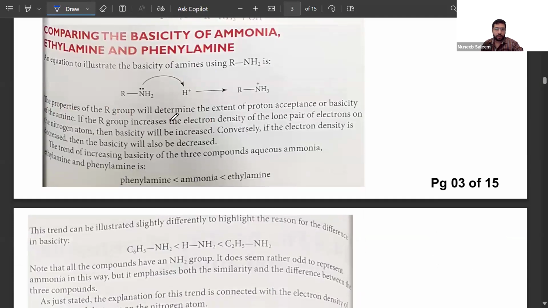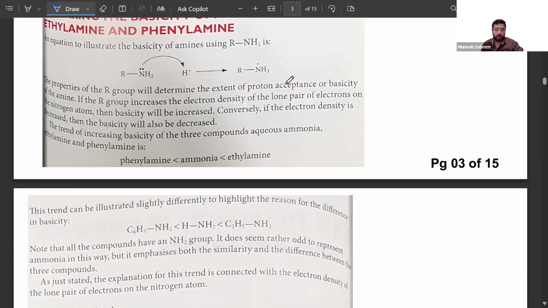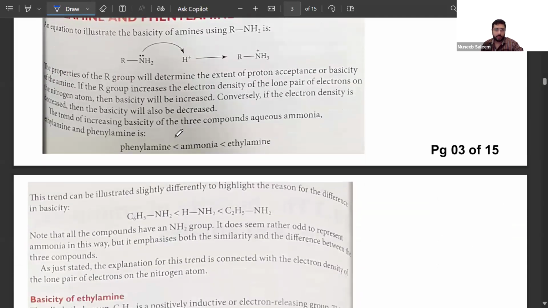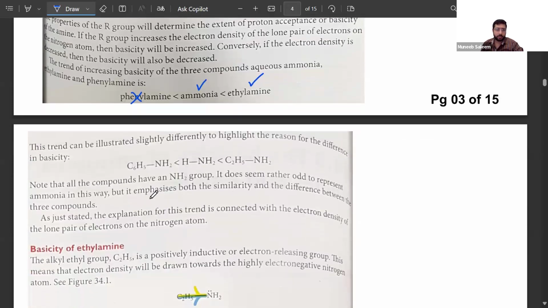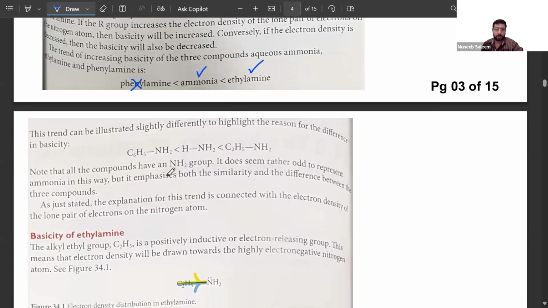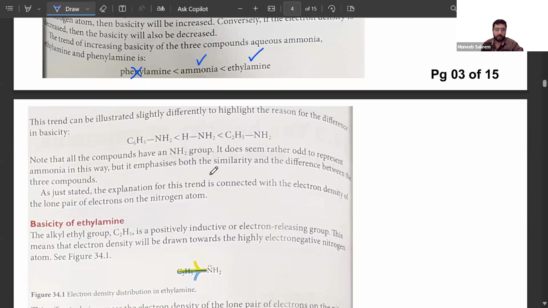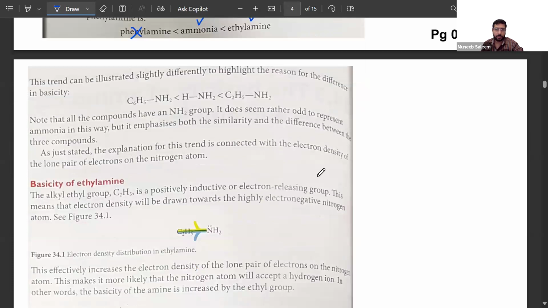Now we know the order of the acceptance of the alkylamine versus ammonia. We will not discuss phenylamine since it is not what is inquired in the question. We have to do with ammonia and alkylamine. So why is ammonia less basic than alkylamine? It is because the alkylamine contains an alkyl group, which acts as a positive inductive effect or electron releasing group.